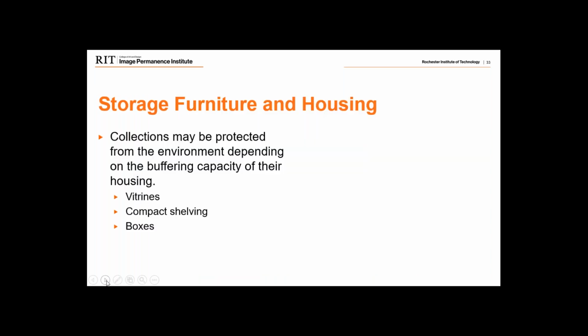So getting a little bit further down there: storage, housing, and furniture. The better you can protect your collections is going to allow better buffering capacity. Vitrines, compact shelving, boxes, they all allow for a better buffering capability for the collections, better to prevent their exposure to swings that we may feel from outside elements or outside forces.